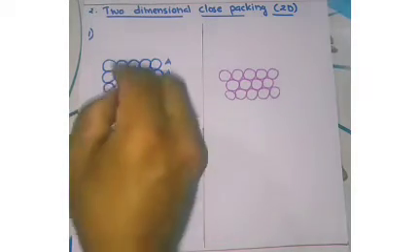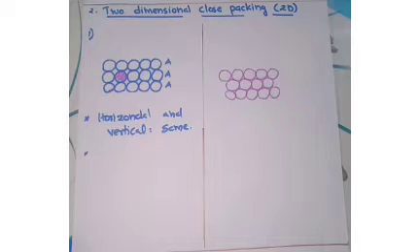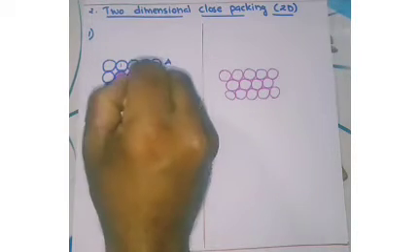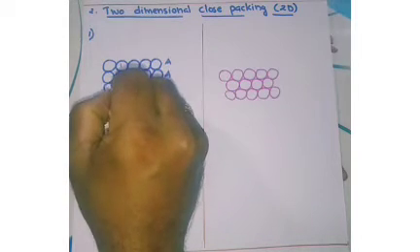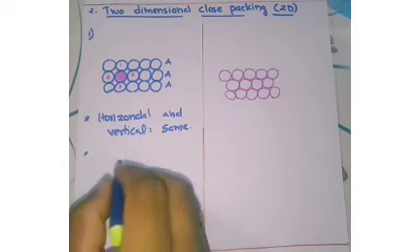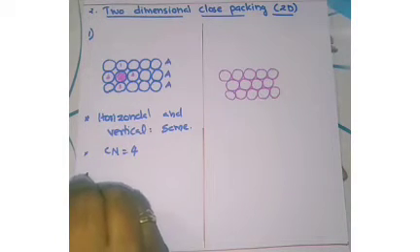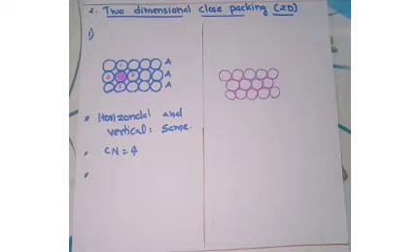Here we consider this sphere. Okay, this one. Then how many touching spheres are around the considered sphere? Touching spheres 1, 2, 3, 4. Clear? So its coordination number is equal to 4. Okay.